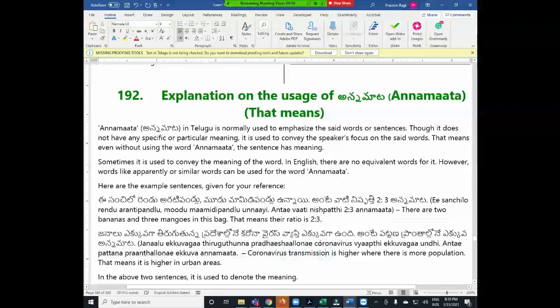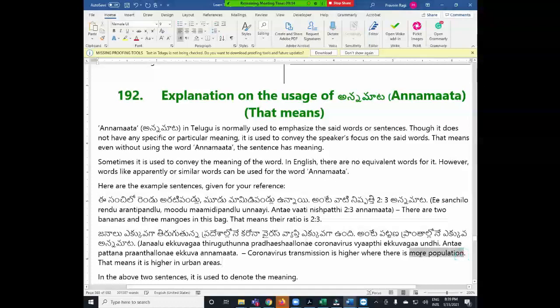In simple words, the meaning of this one is the place where people roam around. More population, so where there are more people, there only the coronavirus is spreading. It gives that kind of meaning.